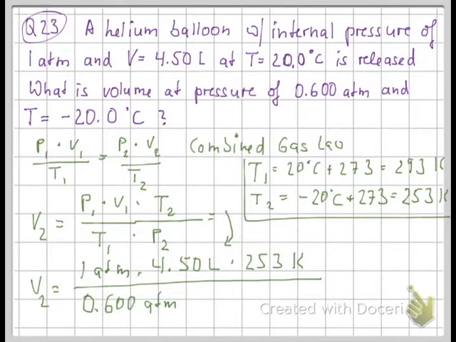And then T1 is 293 kelvins. So we want volume, hopefully everything but liters will cancel out. And multiply this all out, and we'll get hopefully the right answer.